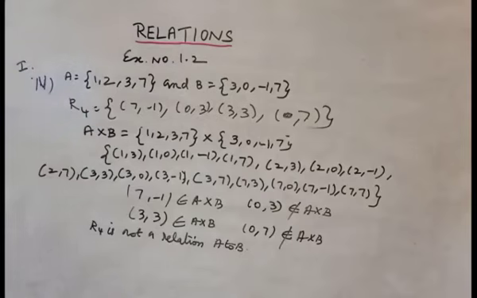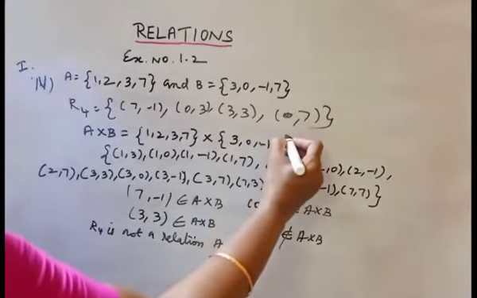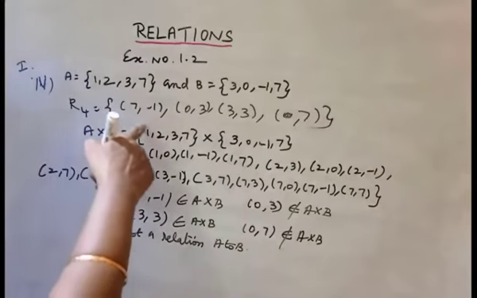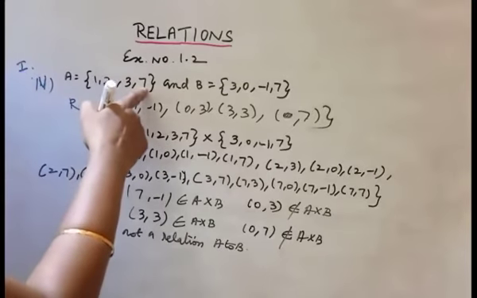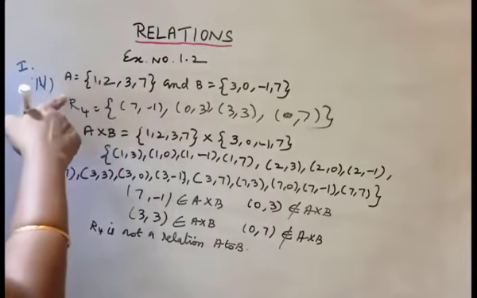Okay. This question comes for 5 marks in the exam, which means you will do it like this: find A cross B and do it like this. Otherwise, for 1 or 2 marks, you need not write A cross B. Just see and write. Here, 7 is the first element, and 7 is in A. Second element is -1, okay.